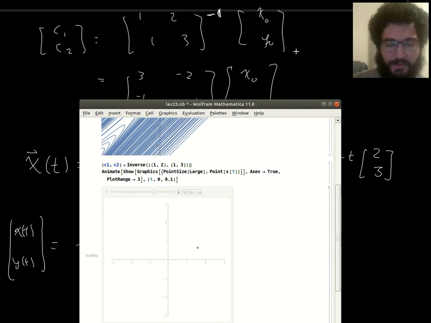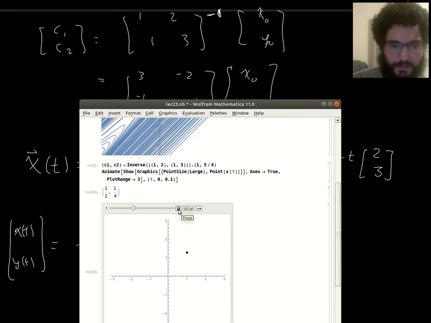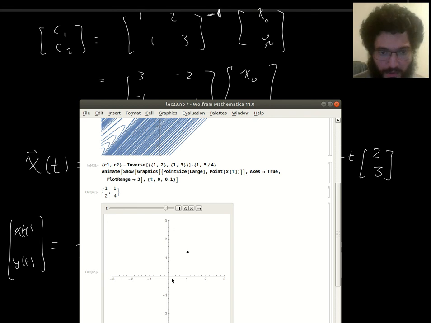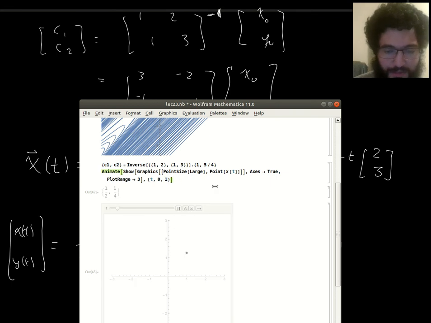So inverse of this matrix times, and then I want 1 over and 5/4 up to be my initial condition. That seems to work. I do think I'm starting 1 over and 5/4 up, but now it's playing too slowly. So play out to 1 second.